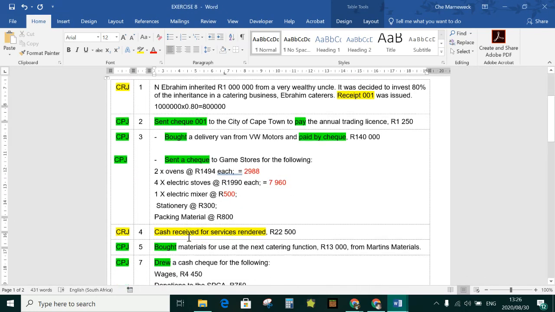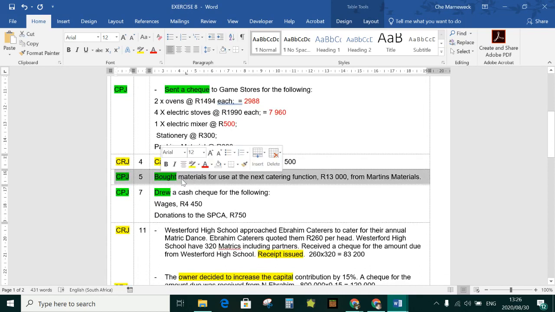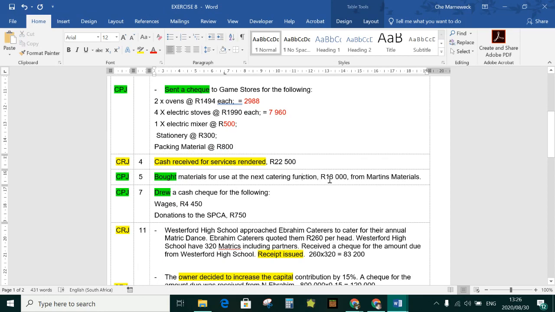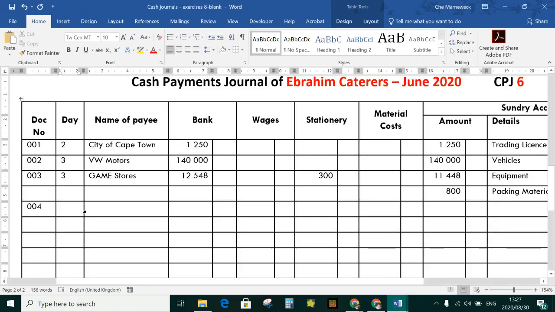Have a look. Day 5, bought materials for the use at the next catering function, 13,000 from Martin's Materials. So we've got day 5, Martin's Materials. We then have a look, 13,000.